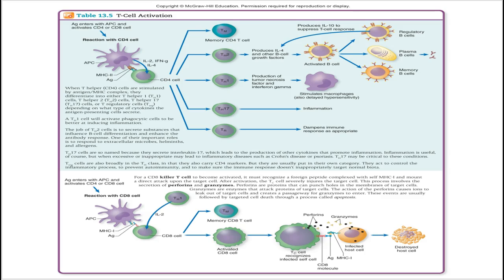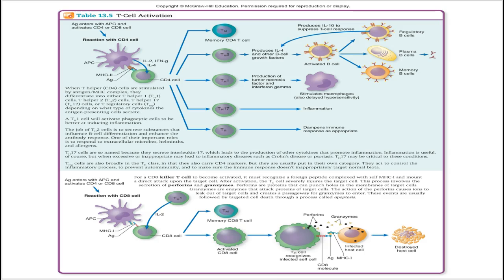All right, so this diagram is also from your text. It can be found on page 362, and this illustrates the activation and then differentiation of your CD4 cells and your CD8 cells. So you can see you have an antigen presenting cell in both situations. One has an MHC2 marker while the other one has an MHC1 marker.